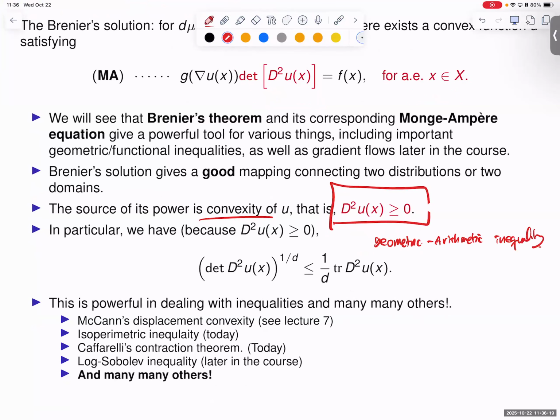The determinant, the geometric mean of this matrix, is nothing but (lambda 1 times ... times lambda d) to the power 1 over d. So this is the geometric average of these non-negative numbers lambda i, and that is less than or equal to the arithmetic mean.